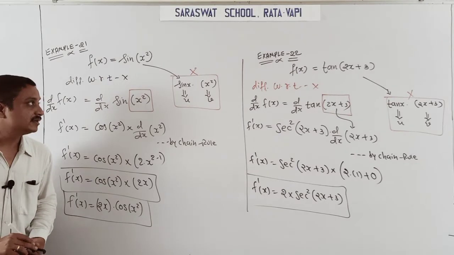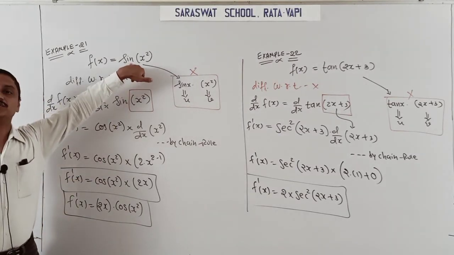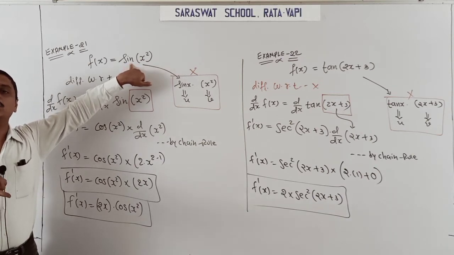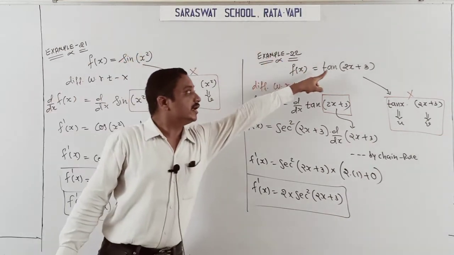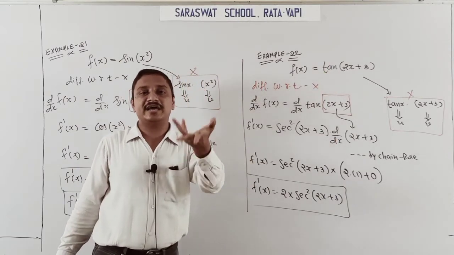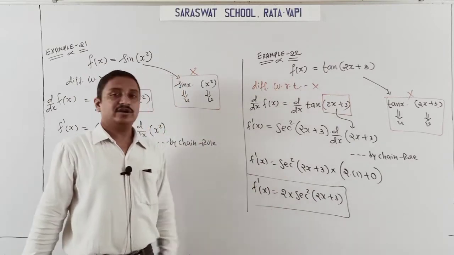Yes, students. For more practice, you try at home. Here sin x square, cos x square, tan x square, cot, sec and cosec x square. Here also you try another 5 questions, tan related, cot, sin, sec, cosec. Each with 2x plus 3 the same, and we get different answers.